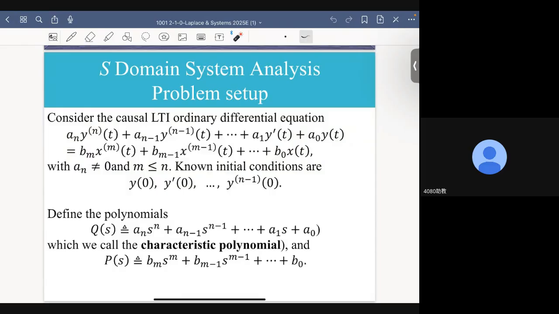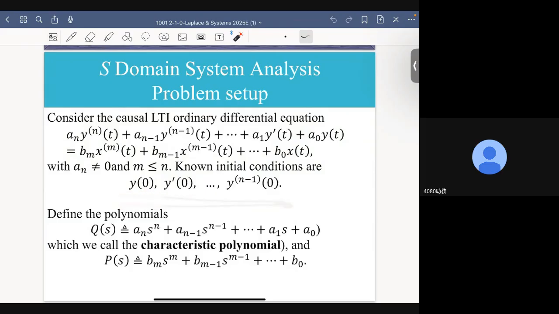Here, we have two additional conditions. One is we have assumed m cannot be larger than n, where m is the highest derivative of the input, and n is the highest derivative of the output. And the second conditions are so-called initial conditions.